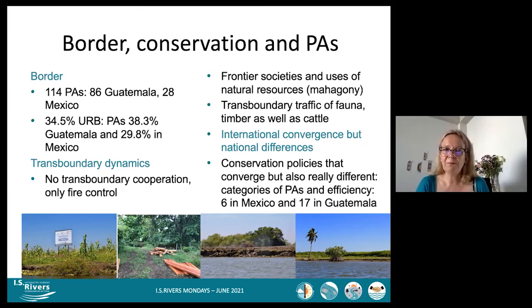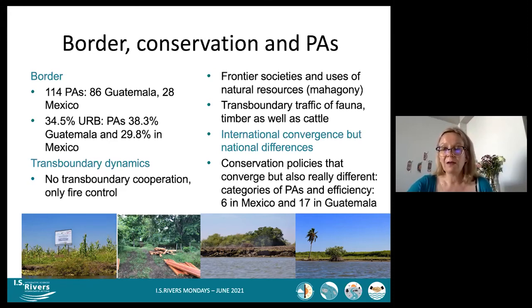So the Usumacinta waterscape makes it possible to show that there are some convergences, environmental policies that are based on the marking out of the protected areas, but there are also national differences.